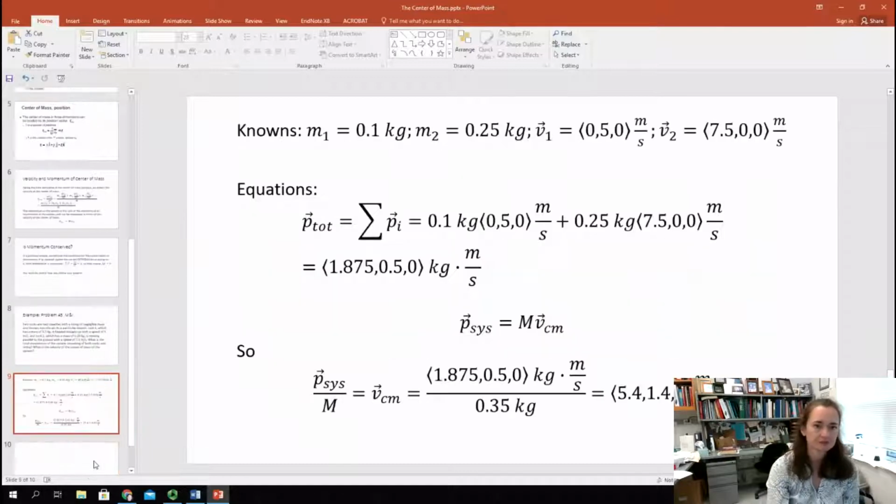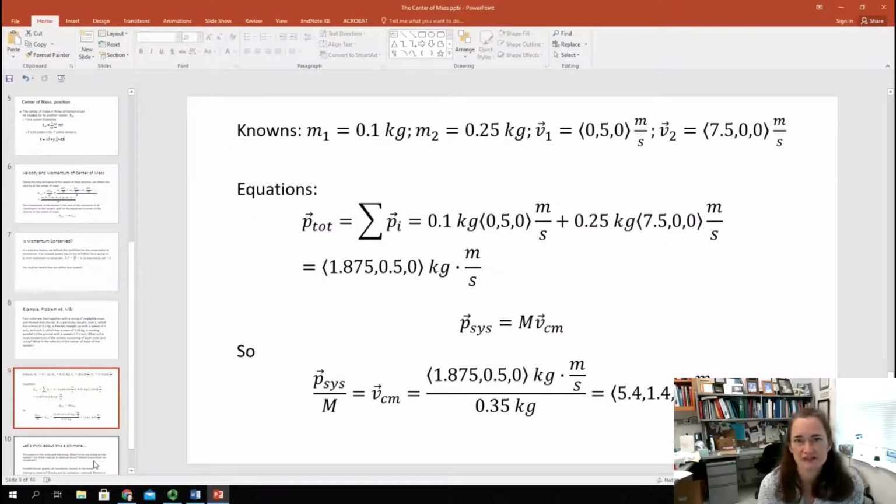So here we go. Just like any physics problem, one of the first things you're going to do is list out all your knowns. So mass 1 is known, it's 0.1 kilograms. Mass 2, 0.25 kilograms, is known. And V1: the speed was 5 meters per second and the direction was straight up.